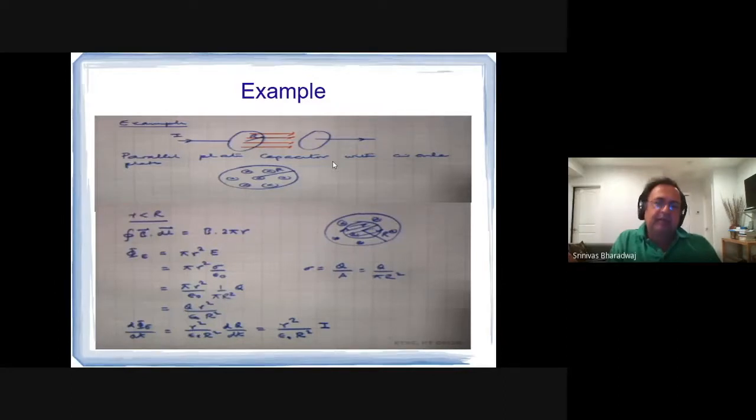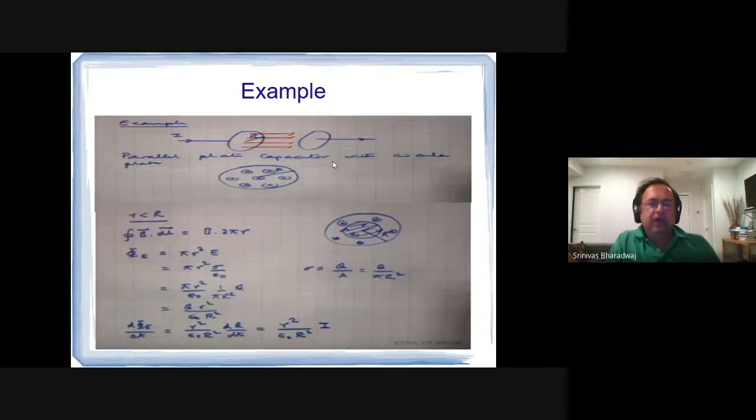Inside the parallel plate capacitor, if you do B dot dl, you then also add this other term, where phi E equals pi r squared E. And what is E? E is the electric field, where E dot dA equals sigma by epsilon naught. Sigma is the charge density, q by pi r squared.